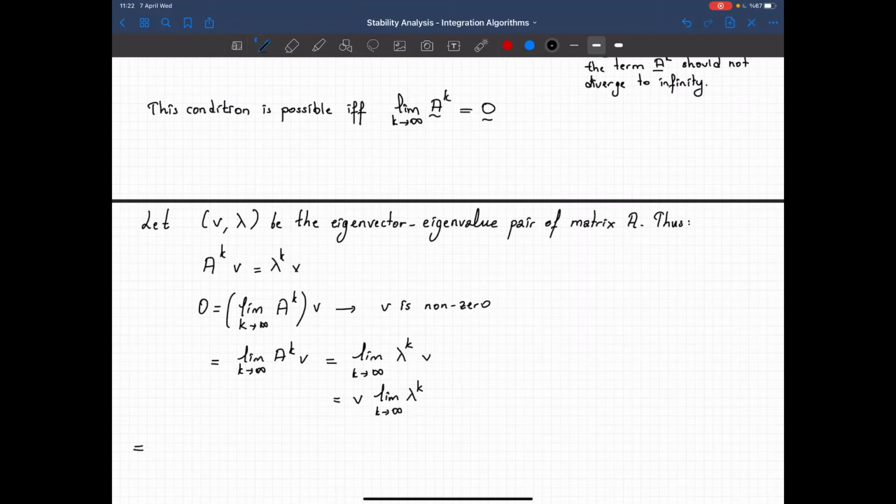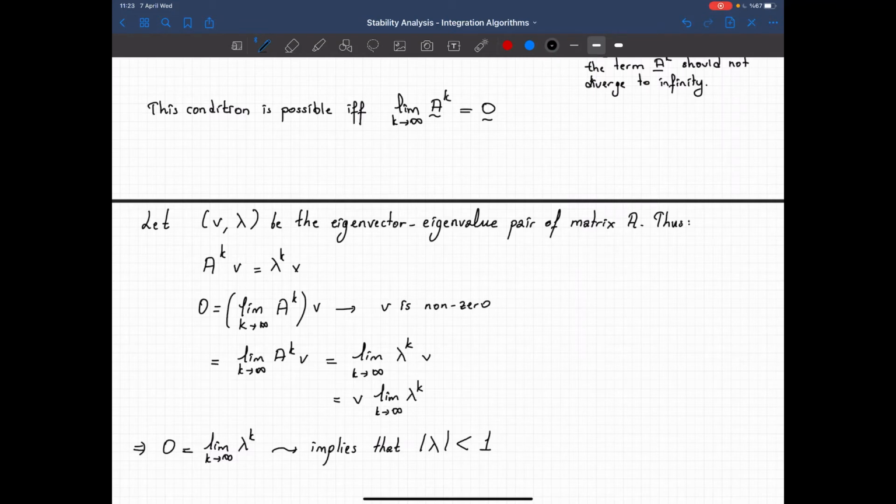And since we have the requirement that the limit of lambda^k should be equal to 0, it says that the limit as k goes to infinity of lambda to the power k should be equal to 0. This implies that, as we discussed, the magnitude of the eigenvalues should be smaller than 1.